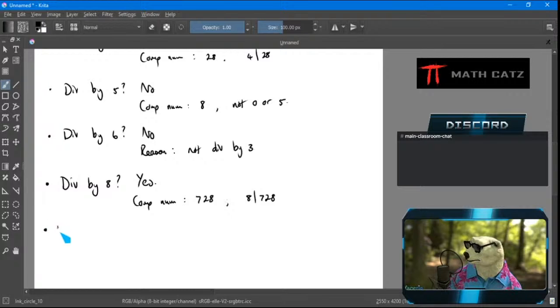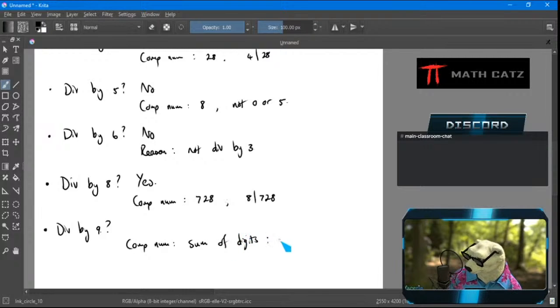And then divisibility by 9. For that, I have my comparison number again, the sum of the digits, which is 55. I hope that's correct. And 9 does not go into 55, right? 9 doesn't like 55. 54 would have been good, but it is not what I have.